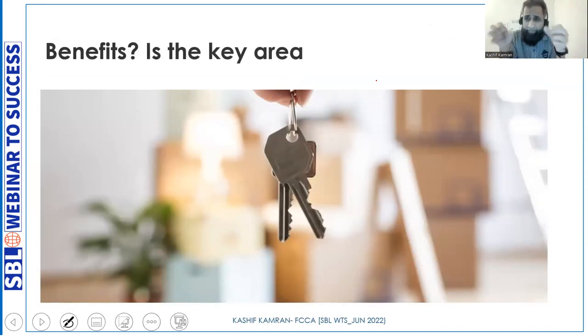Now, how many times have you seen benefits being examined in the past papers? I've seen them a lot of times, even in the September, December 21 paper. Benefit, value, importance, advantages. You should be knowing them. There are so many areas where the examiner can ask what are the benefits of this, or what are the advantages of this, or even what are the disadvantages.